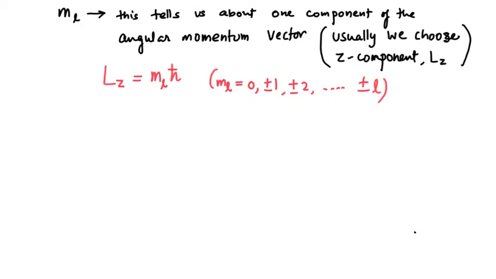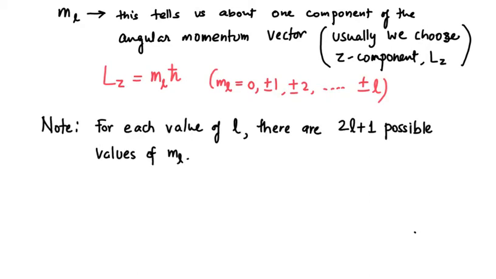So if you know the angular momentum quantum number small l, then you can find out the possible values of m_l and then find the value of Lz. If you note, for each value of l, there are 2l plus 1 possible values of m_l. So unlike the classical angular momentum vector, the quantum angular momentum is described by only two numbers, l and m_l.